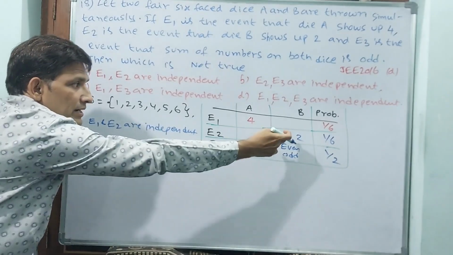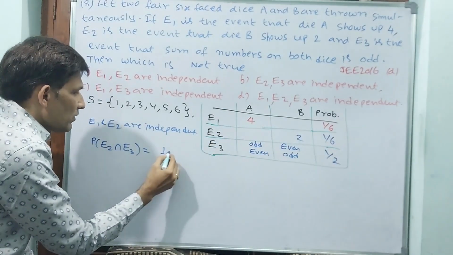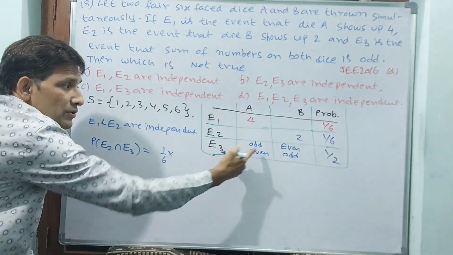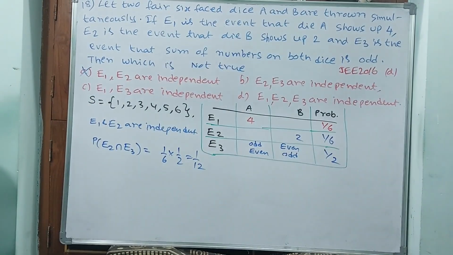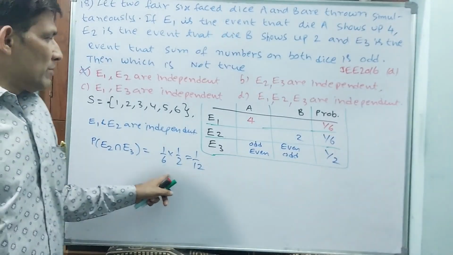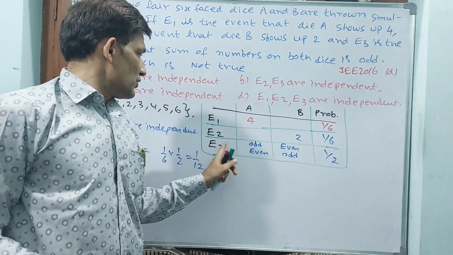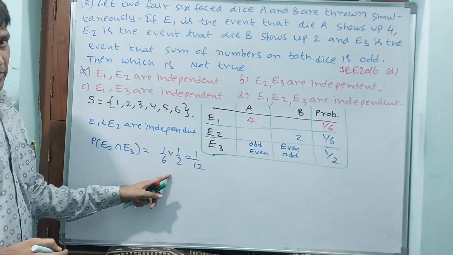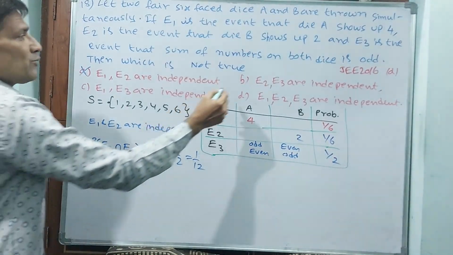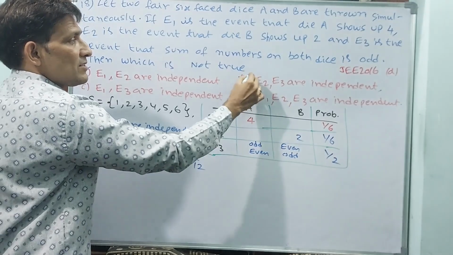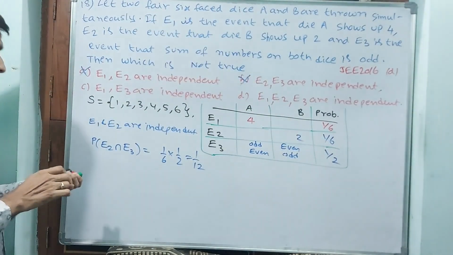This is 1 by 6 already, into 1 by 2. That is equal to 1 by 12. You tell me, 1 by 12, is it correct? Why? Because the same product is going to come for E2 and E3. That is why E2 and E3 are also independent. That is why this is not false. Correct, so leave that option.